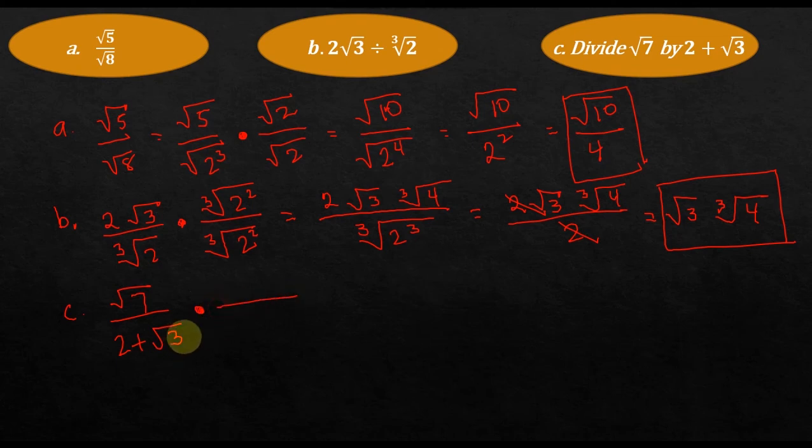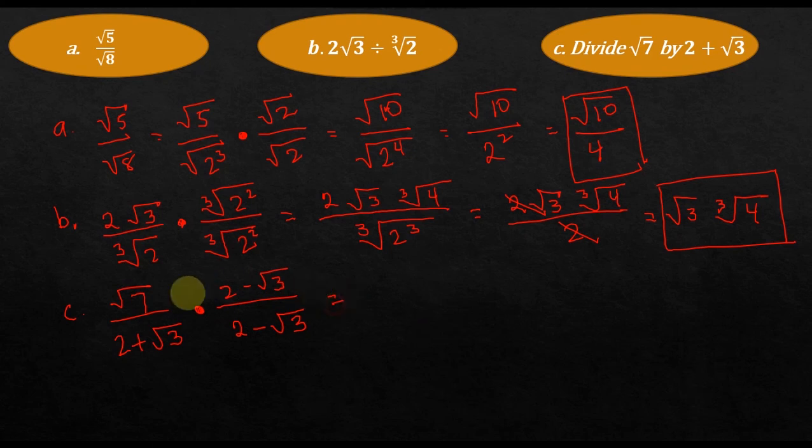Multiply this fraction, this rational expression, by its conjugate pair, which is 2 minus square root of 3. Conjugate pair is where you change the sign between the two terms. If the given sign here in your denominator is positive, you're going to change that to negative. Then just copy what is in the denominator to your numerator.